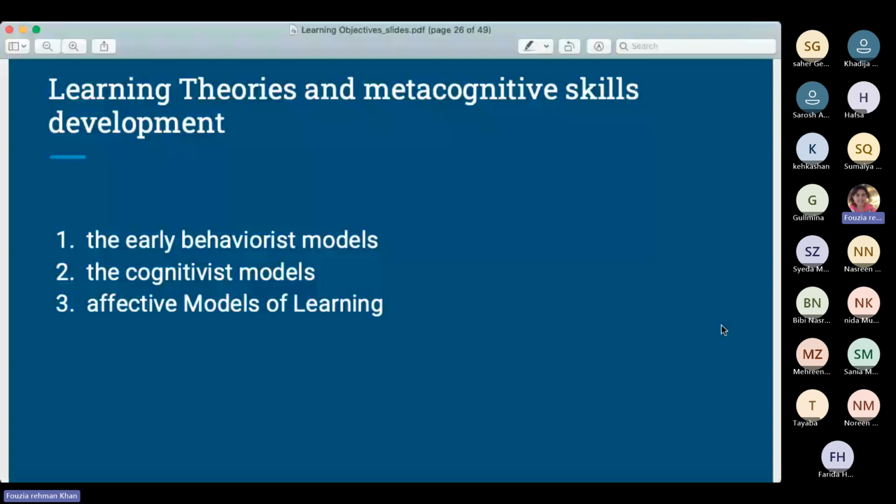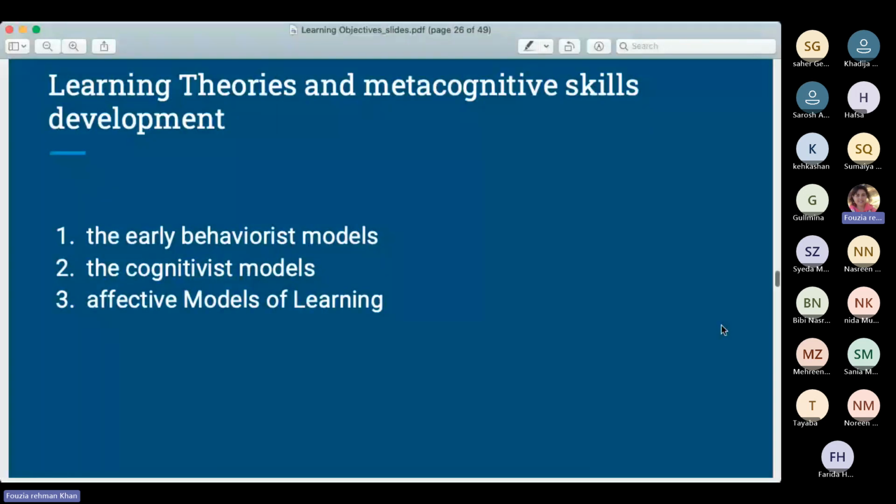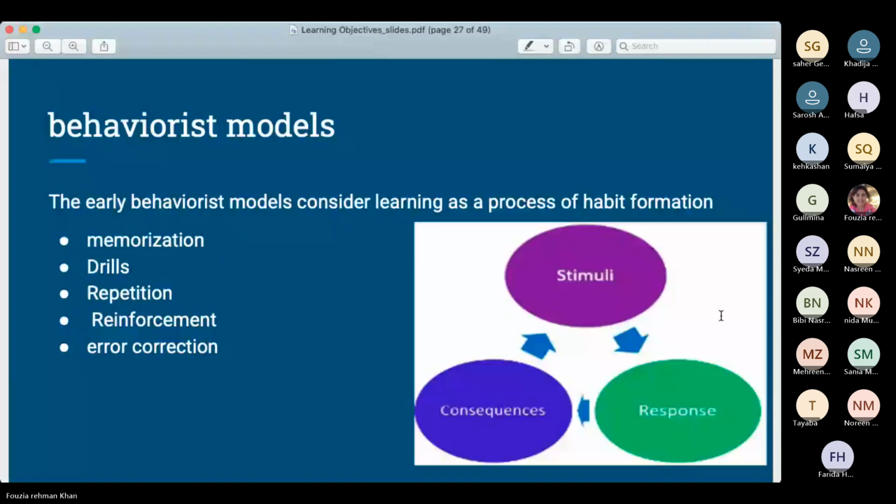Now, why are we talking about theories for developing learners' objectives for ESP? When we are taking the behaviorist model, which was developed by Pavlov, some of the terms that we use here are stimulus, response, reinforcement, reward, punishment, consequences.